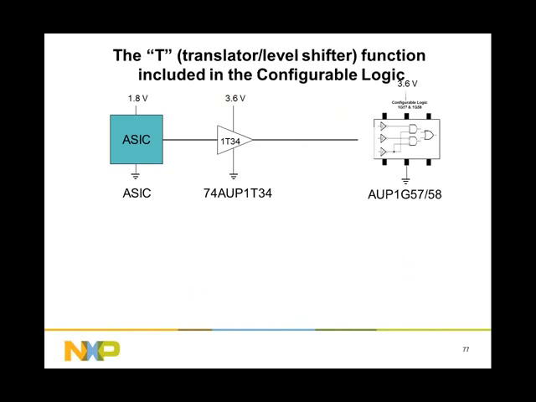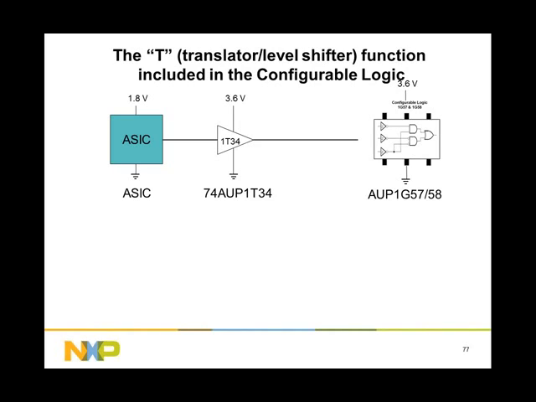Another thing that we have done to reduce not only cost but also space. In this example here, you have an ASIC running at 1.8 volts, and you're connecting it to the rest of your circuitry, which is running at 3.6 volts. In order for the ASIC to drive the 3.6 volt circuit, you need a level shifter or a translator. Typically, you would need like an AUP1T34 to level shift up from the 1.8 volts to 3.6 volts.